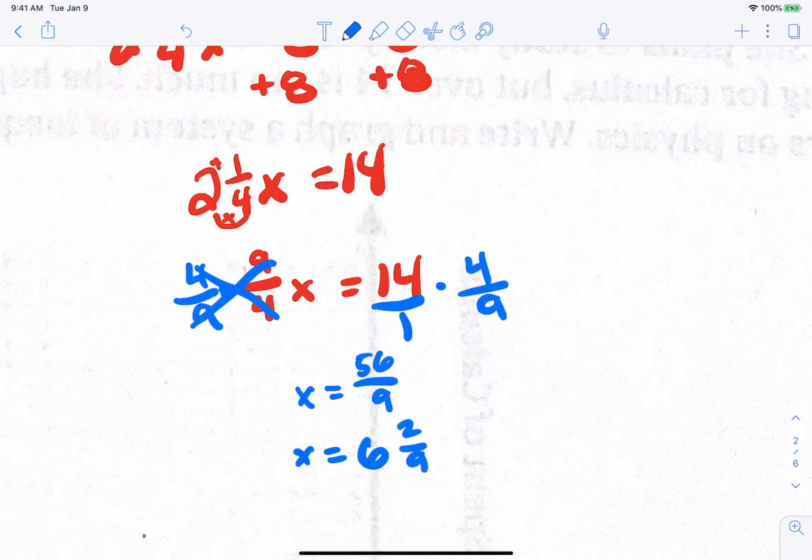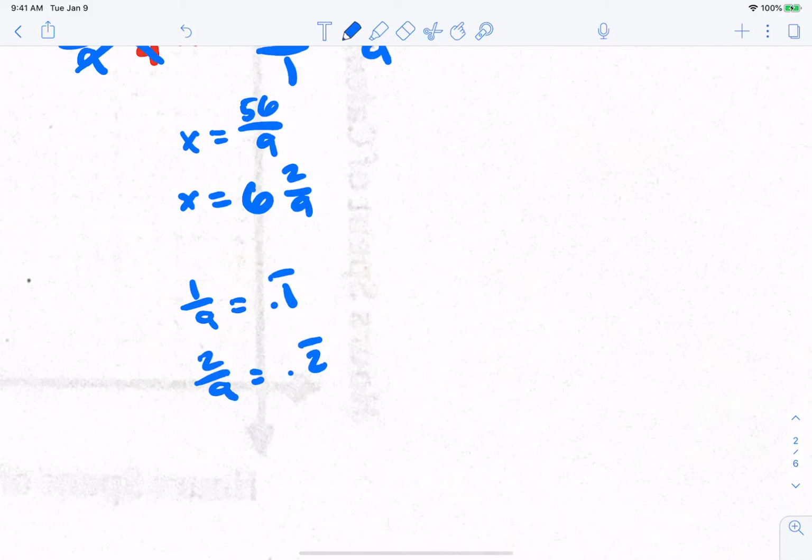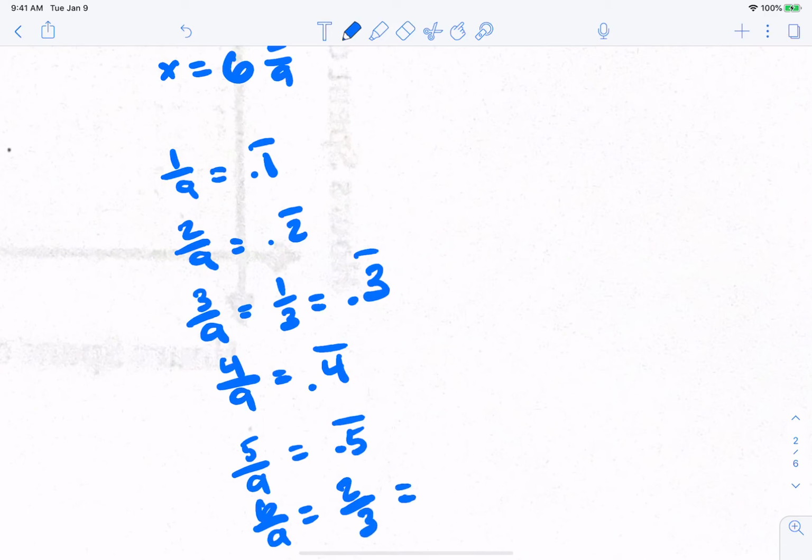Do you know what 6 and 2/9 is as a decimal? Do you know what your ninths are? You ready? This is very easy. 1/9 is 0.1 repeating. 2/9 is 0.2 repeating. 3/9, which is 1/3, is 0.3 repeating. 4/9 is 0.4 repeating. 5/9 is 0.5 repeating. 6/9, which is 2/3, is 0.6 repeating.